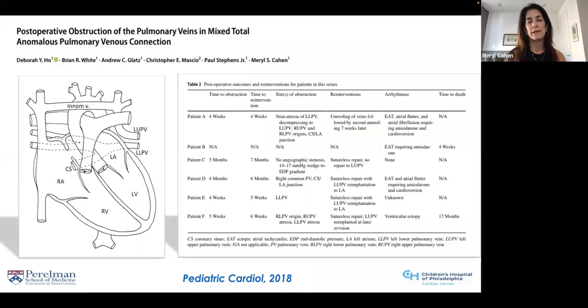Several of them had significant ectopic atrial tachycardia in association with the reobstruction, and 2 of them did not survive. So in the cohort of patients with total anomalous pulmonary venous connection, who generally do pretty well if they don't have single ventricle physiology, this is a cohort that is at higher risk than normal.